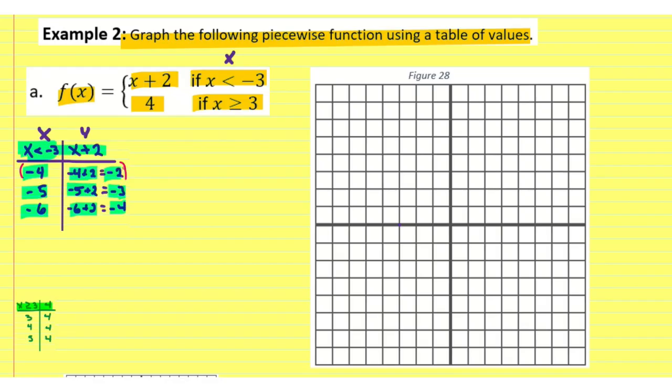So negative 4, negative 2. I could do negative 4, 1, 2, 3, 4, and negative 2, 1, 2. So right there, that would be negative 4 and negative 2. And then I also have negative 5 and negative 3.